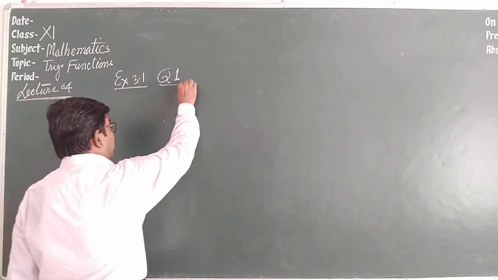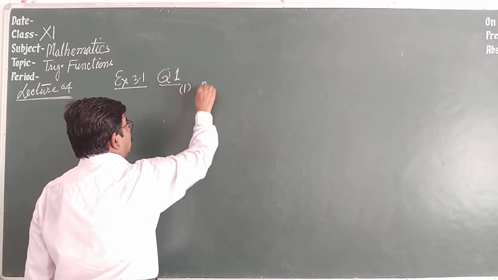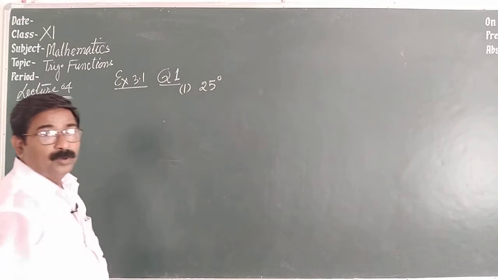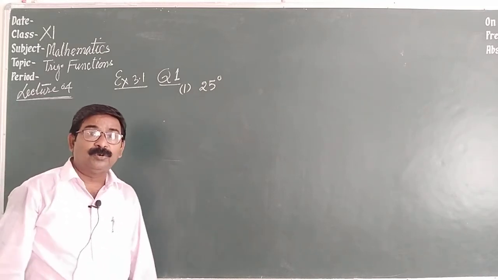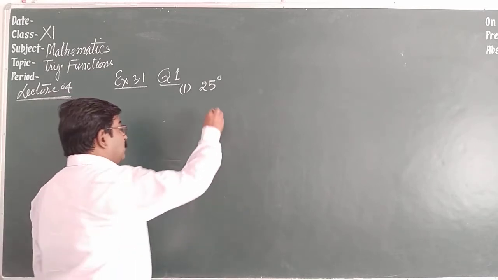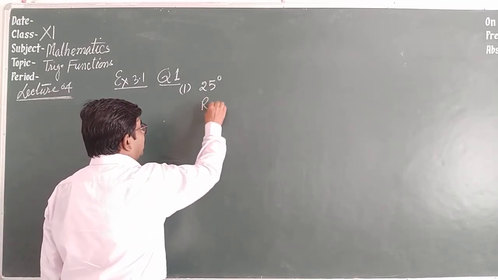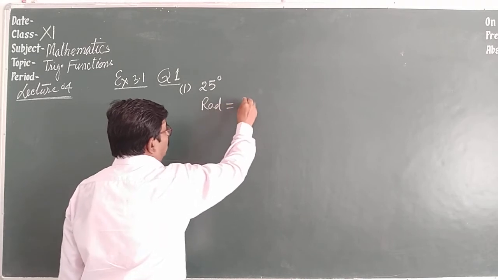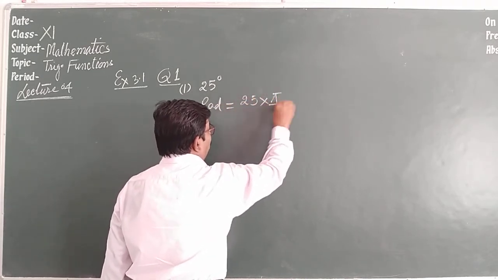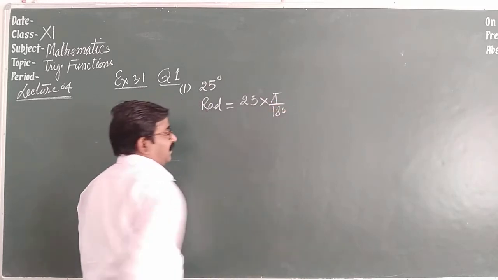The first part is 25 degree. So how to convert this 25 degree into radian? As I told, we write like this: radian is equal to 25 into pi upon 180.